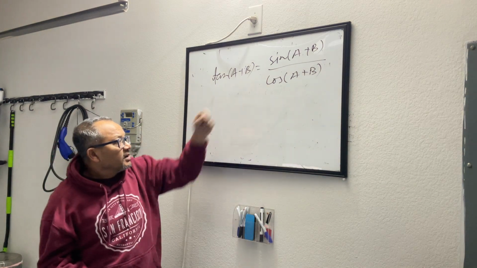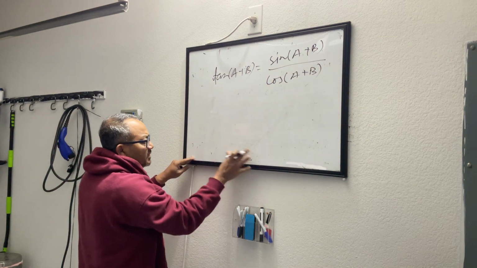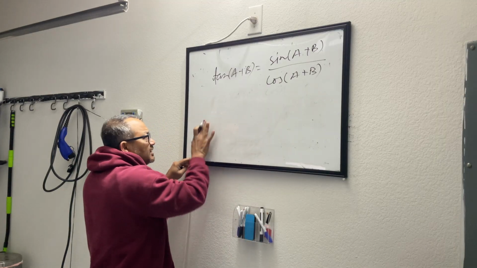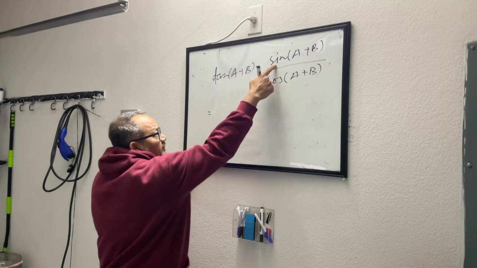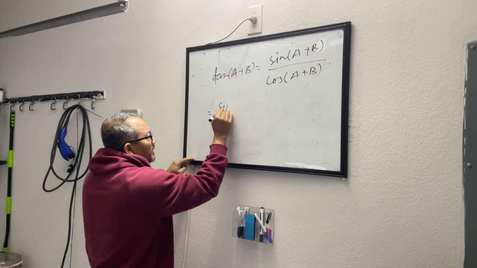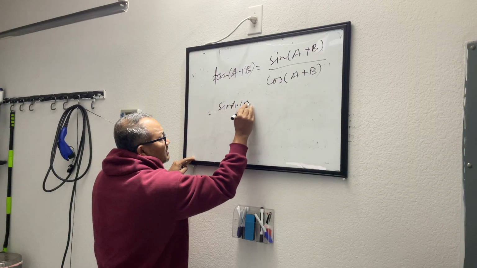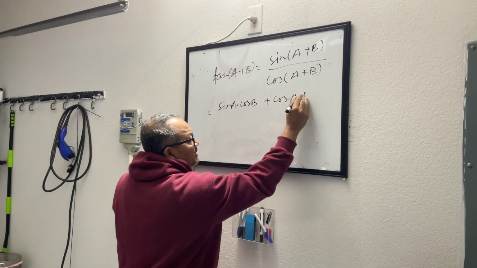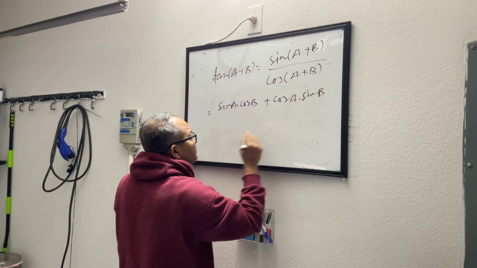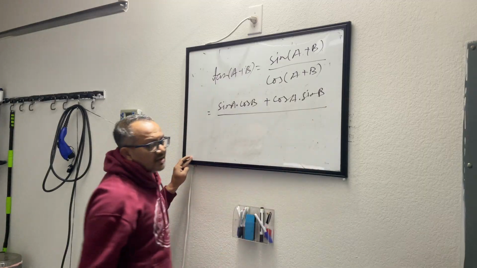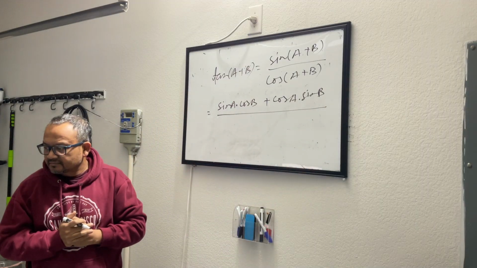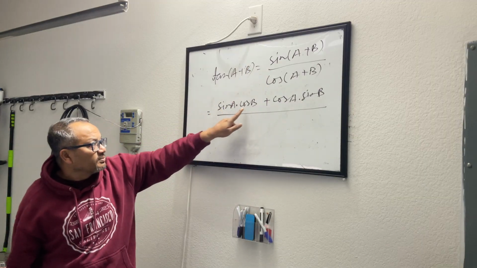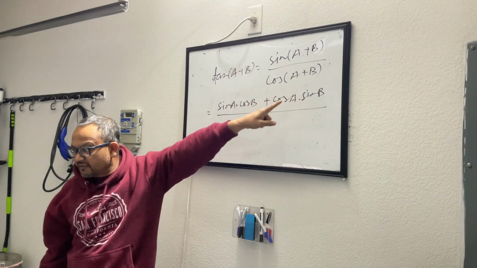Now, since we have learned the trig values for angle additions, we can apply that. Sine of A plus B is equal to sine of A cos B plus cos of A sin B. This one we know.